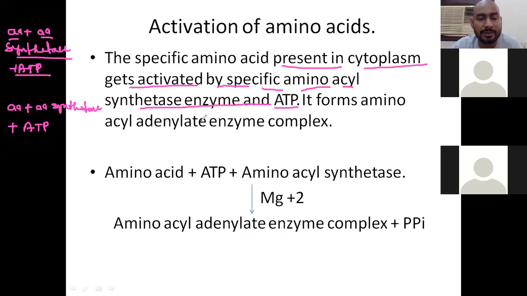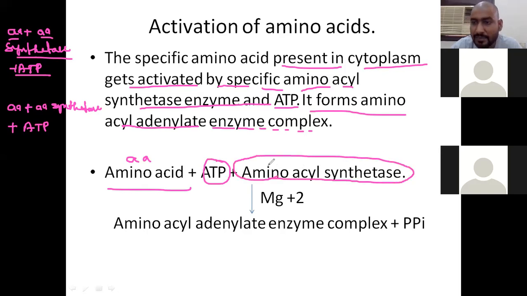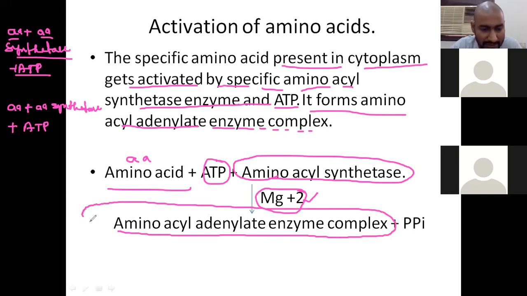Magnesium ion acts as a cofactor. Ultimately a complex forms, and this complex is known as the aminoacyl adenylate enzyme complex.